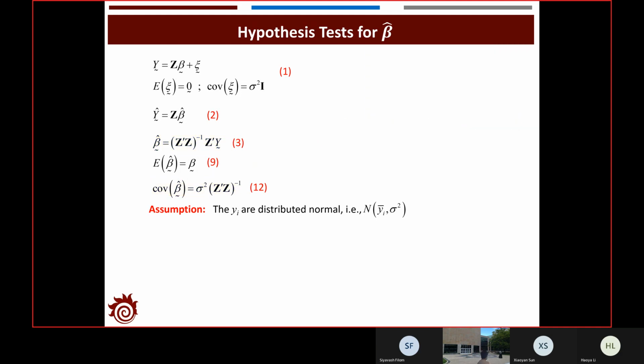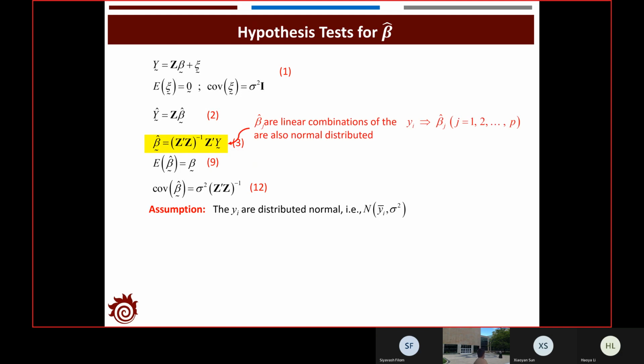For the hypothesis test, we assume that the trip rate yi from the ith observation follows a normal distribution, and the mean value is yi bar, which would be the expected value of the trip rate, and the variance is set as sigma square. We know that the variance of y is just the variance of the epsilon, which is what we assumed. So we have the variance here as sigma square.